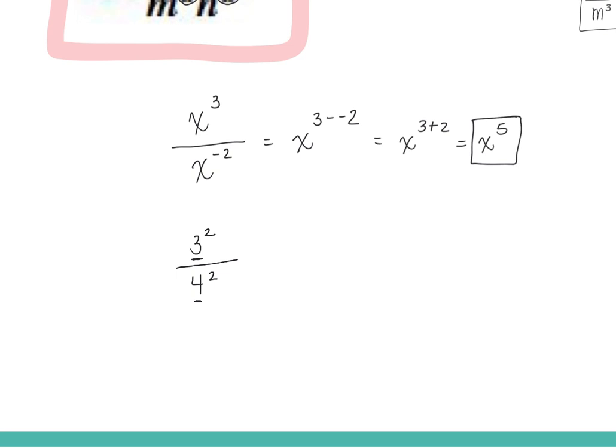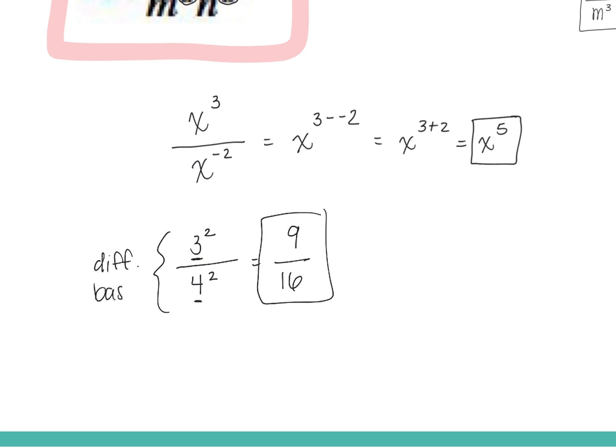We're just going to leave it the way that it is. What is 3 squared? 9. What is 4 squared? Just leave it like this, okay? The reason we couldn't combine these is because we have different bases. Okay? You cannot add or subtract the exponents when your bases are different.